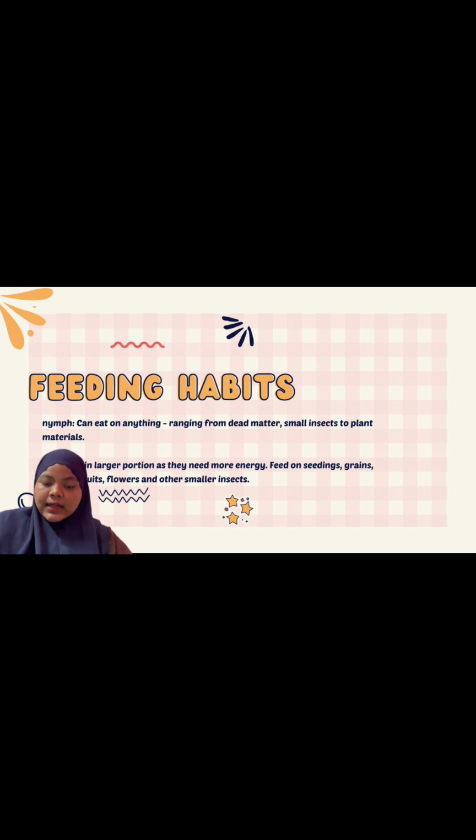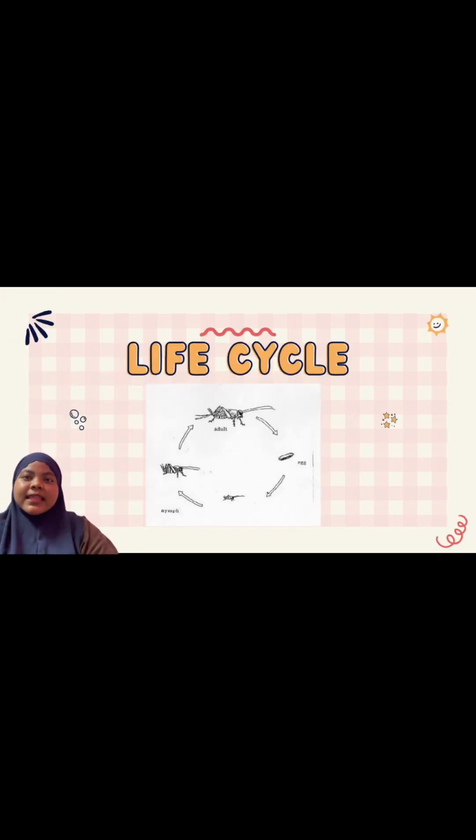Same as adults. Adults need a larger portion of food because they need more energy, and they feed on seedlings, flowers, grains, grasses, fruits, and also smaller insects, fungi, and other matter. This is the life cycle of the cricket, beginning from egg, immature nymph, and adult.